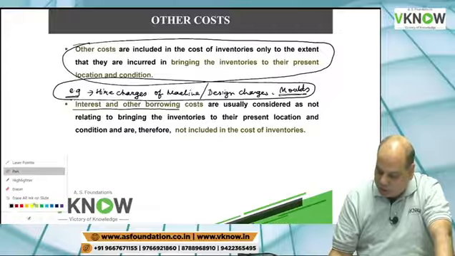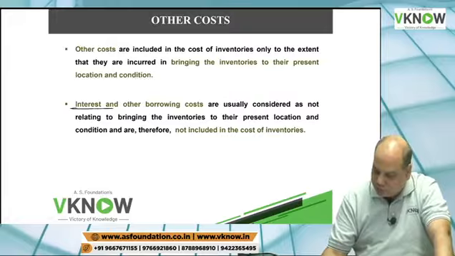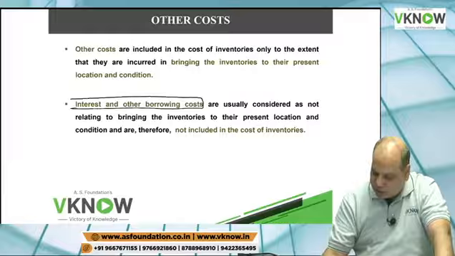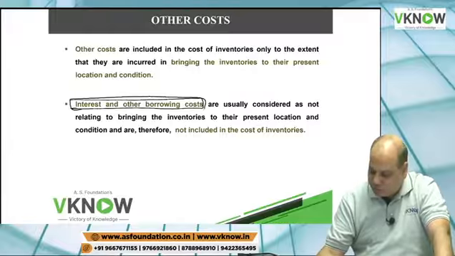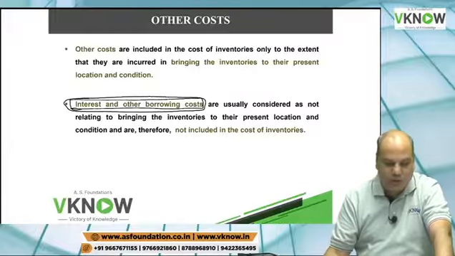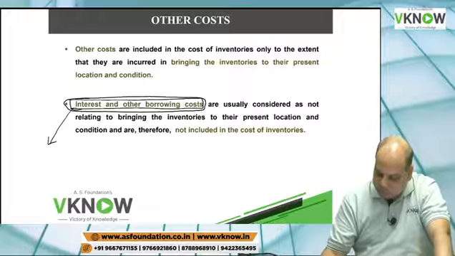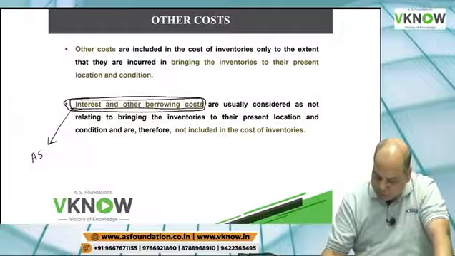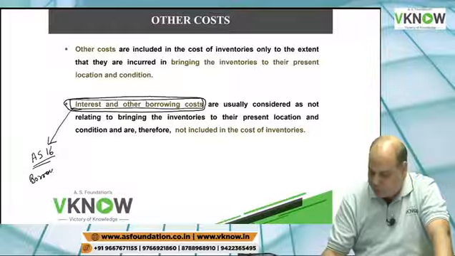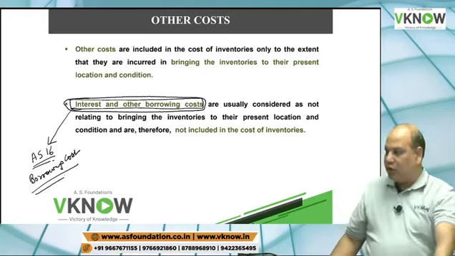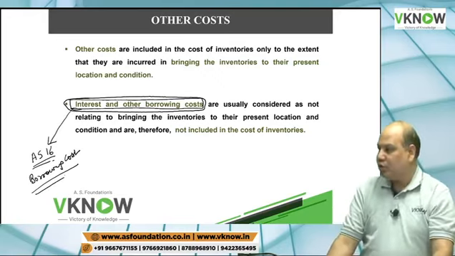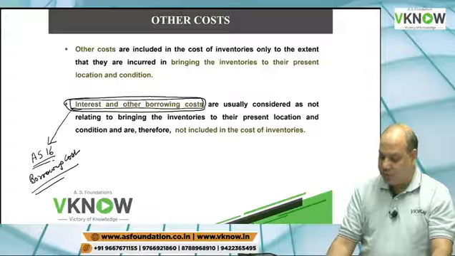Now the next $1,000,000 question is, what about interest and other borrowing cost? There is an accounting standard, AS 16, called borrowing cost, which we are going to take very soon in the near future, because that is also a part of your syllabus.